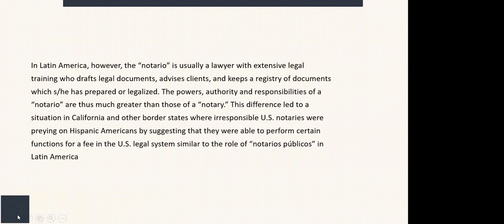The power, authority, and responsibilities of the notario are much greater than those of a notary. So this difference led to a situation in California and other border states where irresponsible U.S. notaries were preying on Hispanic Americans by suggesting that they were able to perform certain functions for a fee in the U.S. legal system, similar to the role of a notario público in Latin America.